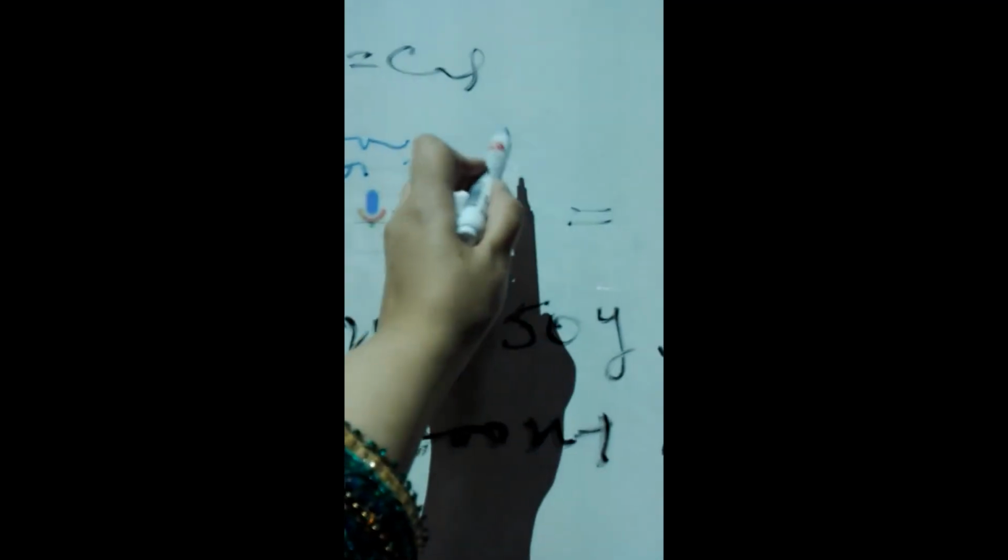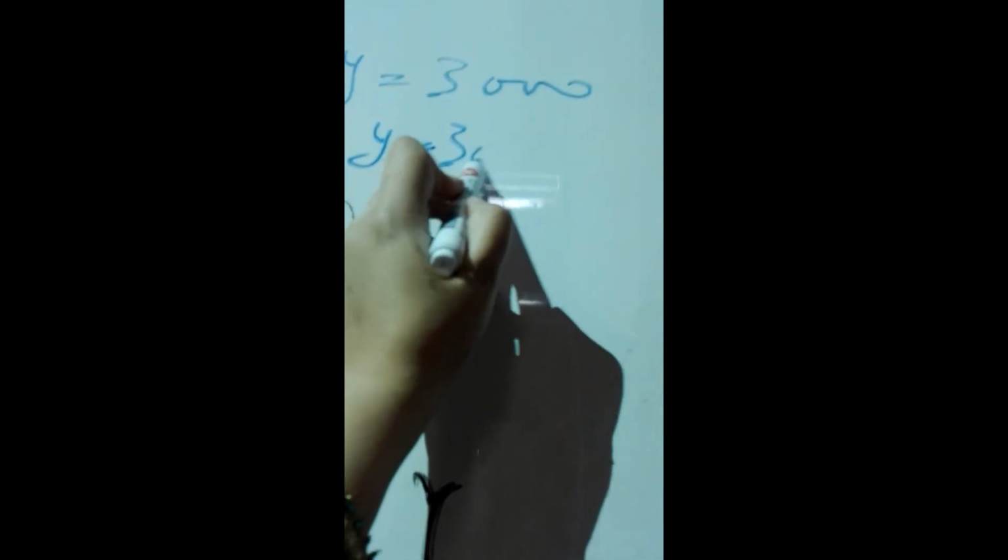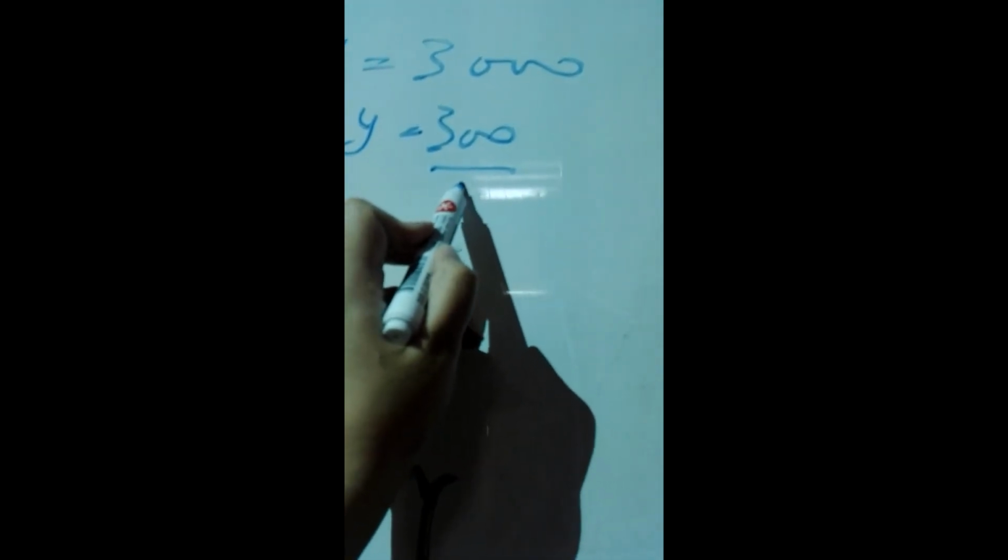So this 3,000 would move towards the other side, so you get 3,000. I'm rewriting this equation as 50y is equal to 3,000, because we have the value of x substituted as 50. So now you have the value of y as 300 by 5, which is 60. So the remaining coordinate that we have is 60, right?